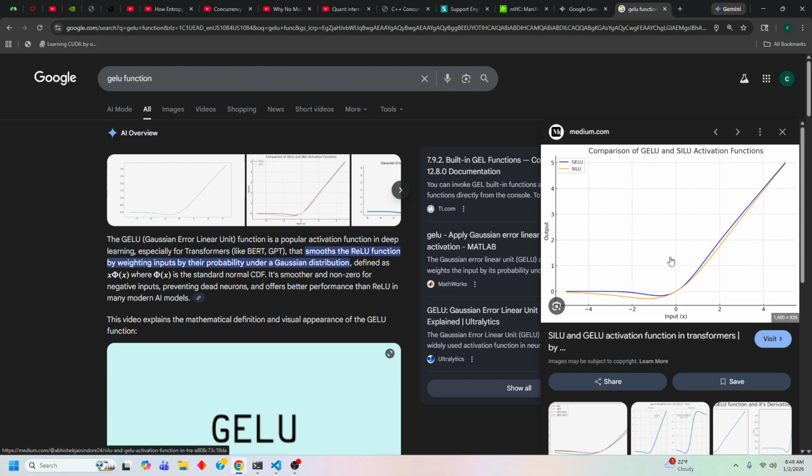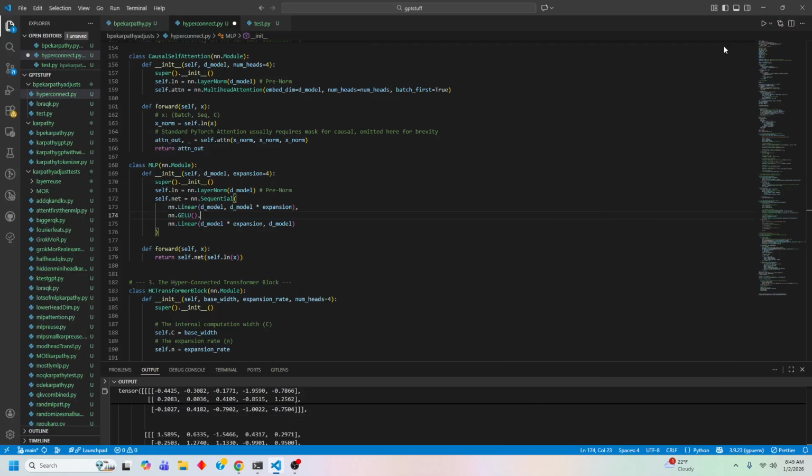As you get closer up here, it gets closer to the ReLU, which I find to be much better than ReLU. But yeah, okay, so there's that. Where was I going with that? Okay, so dense layer, GELU, another dense layer. If anybody knows how to say that word, let me know.